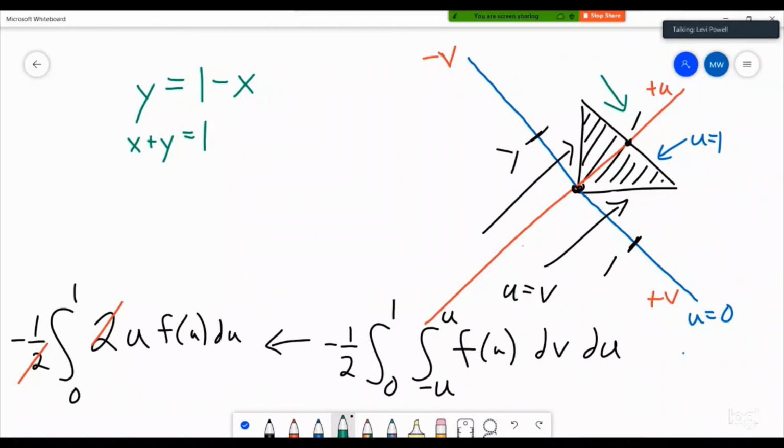So I was thinking that Dr. Swenson said that you always have to take the absolute value of the Jacobian. That's why I said that. I thought he was saying if it's negative, you have to. Okay, so let's see.